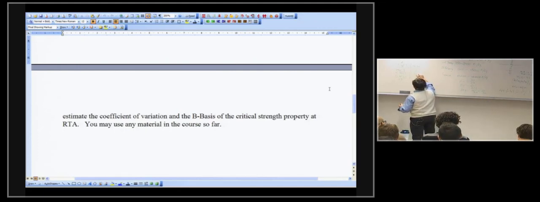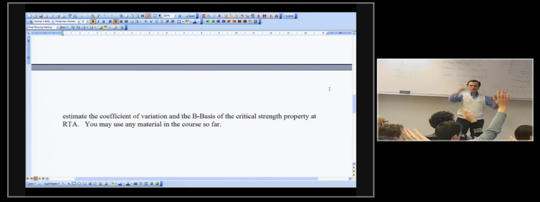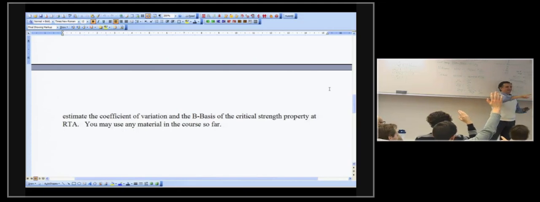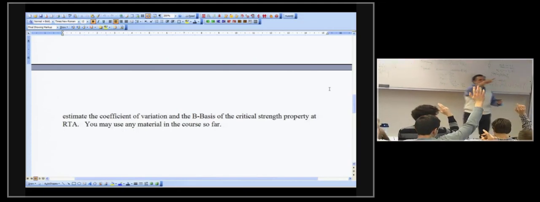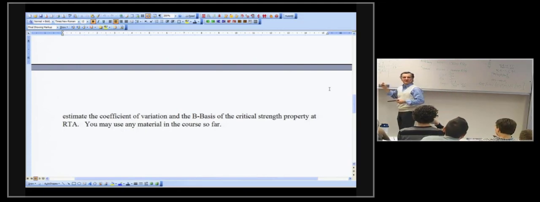17. Between 3 and 5. Wow. No double votes, right? You voted before. No, you did. Cool. 34.